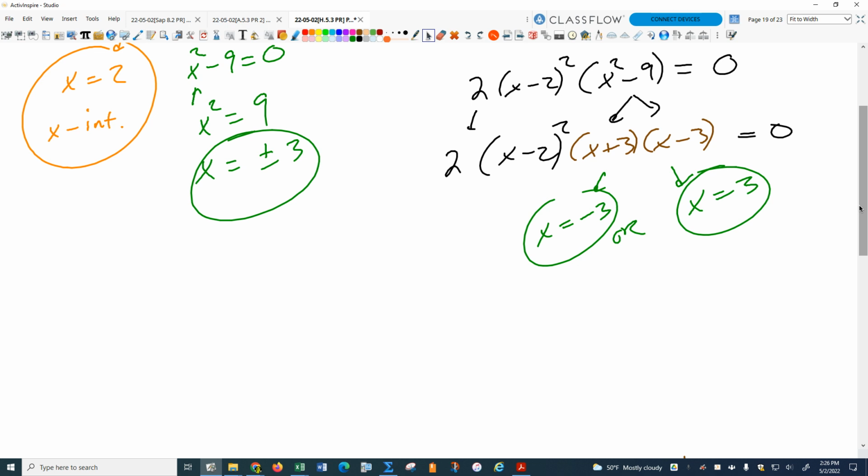Okay, when does a function bounce on the x-intercept? Even powers, right? It's going to bounce just like even parent functions do. So here we've got an x minus 2 squared. We know that that one's going to bounce, isn't it, because it's an even power of x. So at positive 2, it's going to bounce off the x-axis, and at negative 3 and positive 3, it's going to cut through the x-axis.